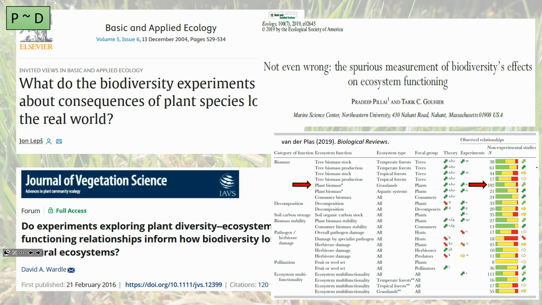In experiments, that's what you have seen on the slide before, the results are also congruent with theory, showing a positive relationship. However, if you look into non-experimental studies, some observational studies, and not experiments, just observational studies, you see something very different. There are some positive relationships, but most of them are basically none.